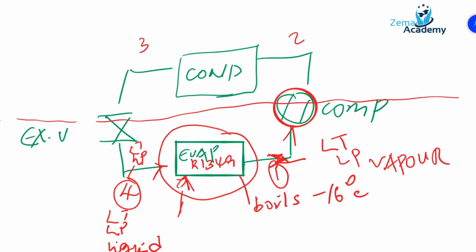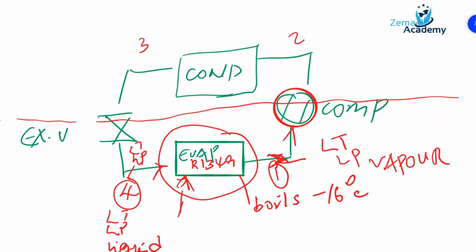The primary function of any compressor: at point 1, we have vapor at very low temperature and low pressure.